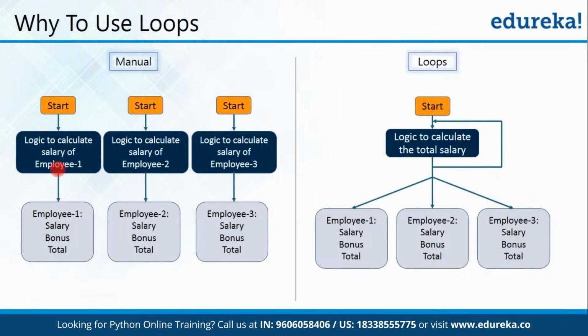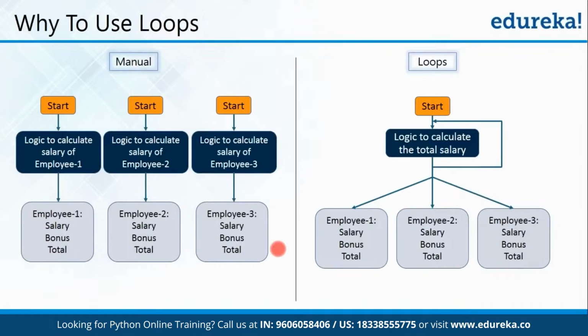This process is pretty hectic. You need to repeat the same logic for every employee. I'm just giving you an example of 3 employees, but what if you have hundreds? At that time, this process will not work. It will not only increase the size of the code, it'll make it more complex and less efficient.